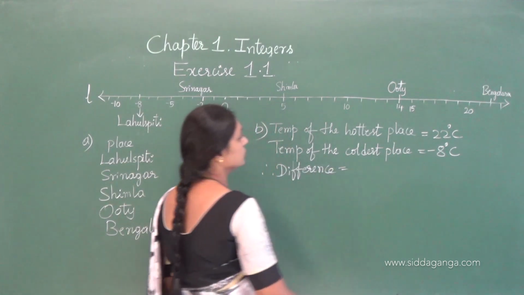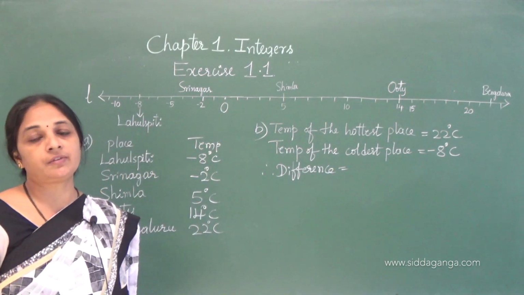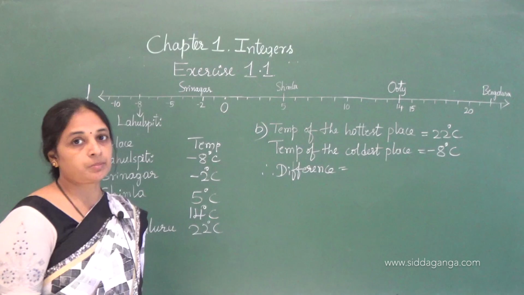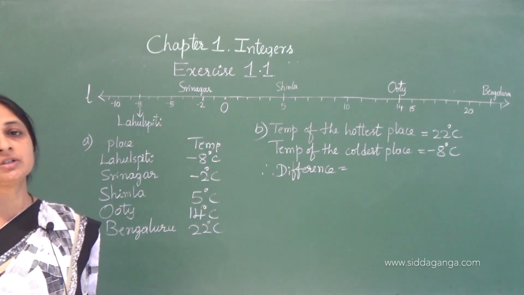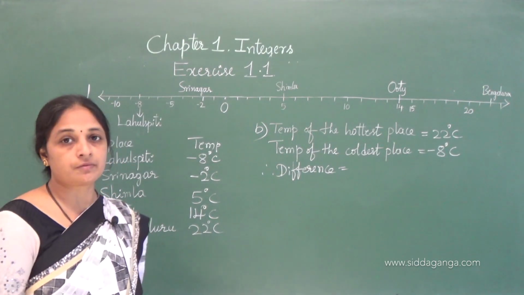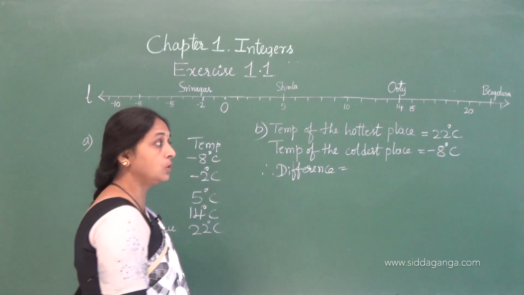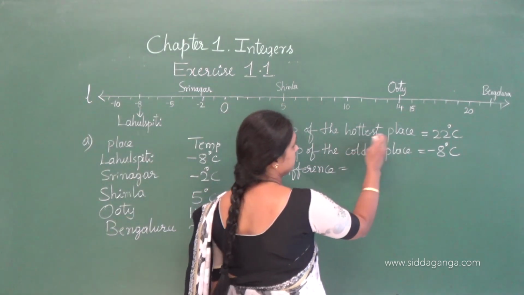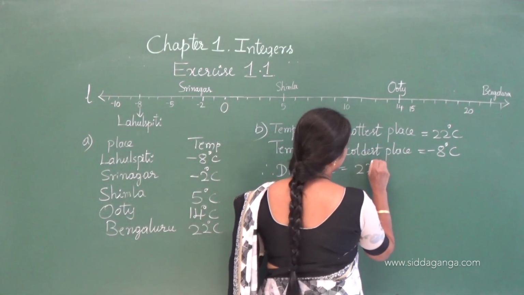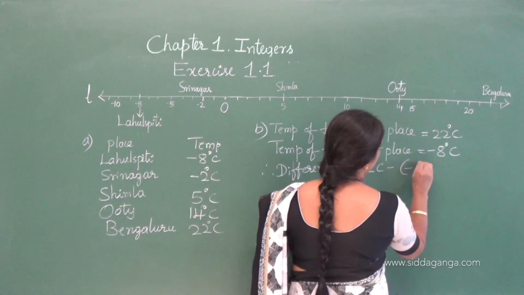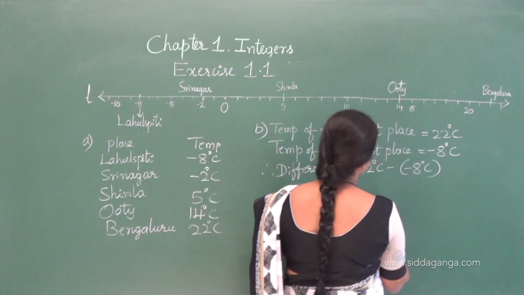Okay, then therefore difference is equal to, we have to find the difference. The difference means we have to subtract the coldest temperature from the hottest one, that is 22 degrees Celsius minus of -8 degree Celsius.